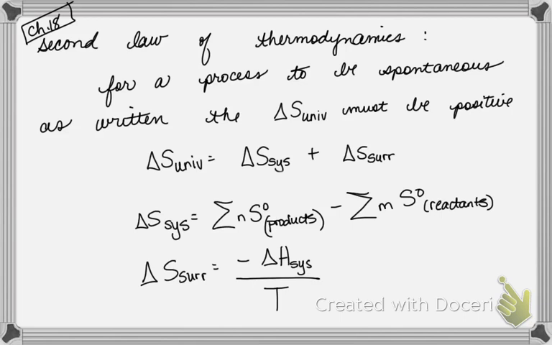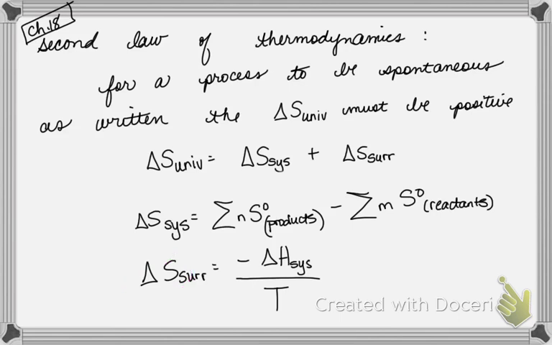The temperature needs to be in Kelvin. Also, be reminded that enthalpies are usually large energy transfers, so they're in kilojoules. But entropies are usually small amounts of energy transfer, so they are typically in joules.